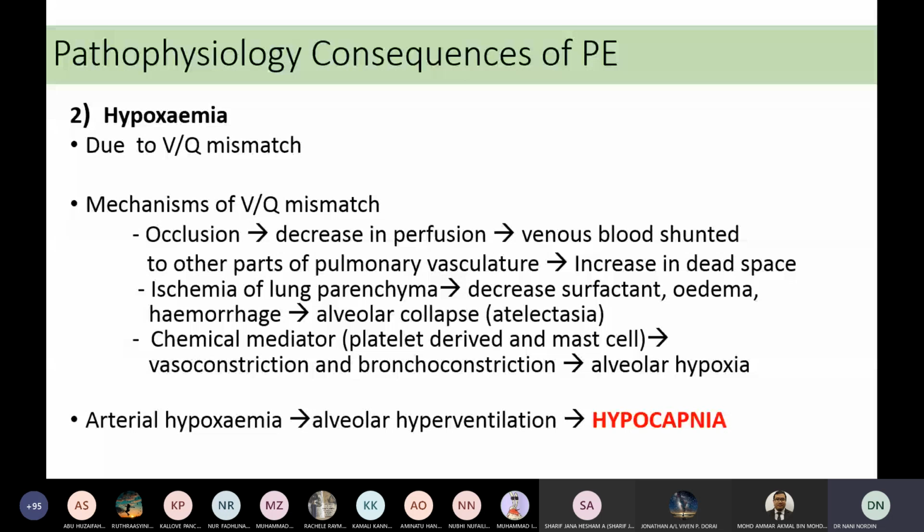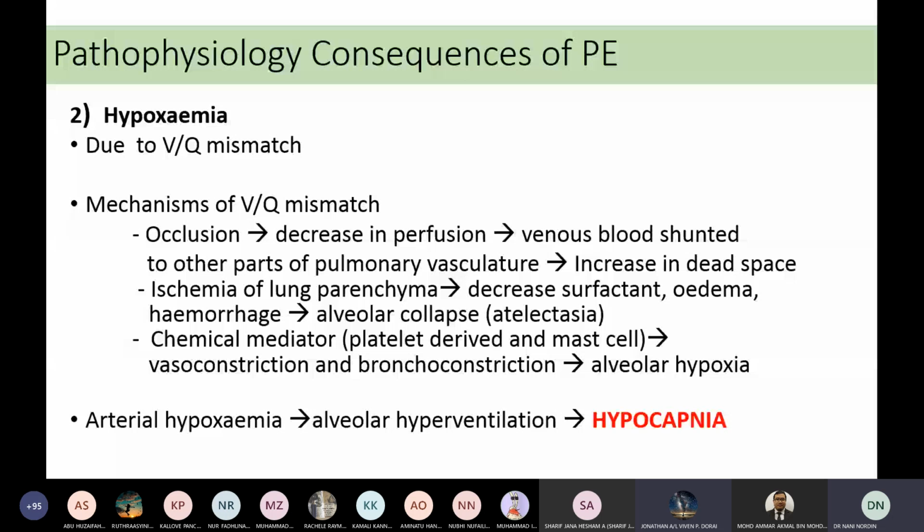So how does VQ mismatch occur in pulmonary embolism? Anyone wants to explain? When you have a blockage of the pulmonary capillaries by an emboli, the perfusion of the alveoli is going to decrease.